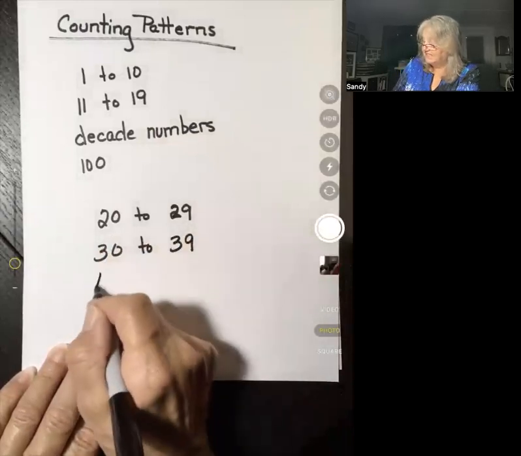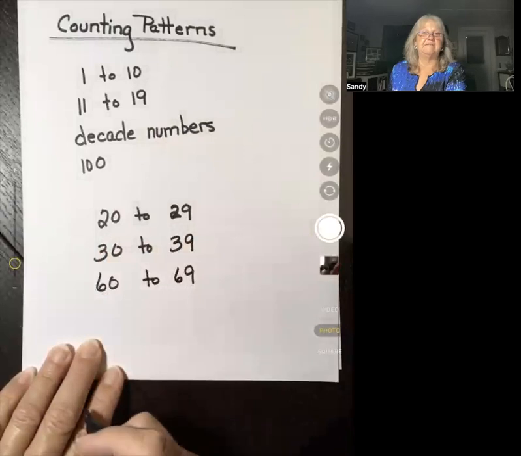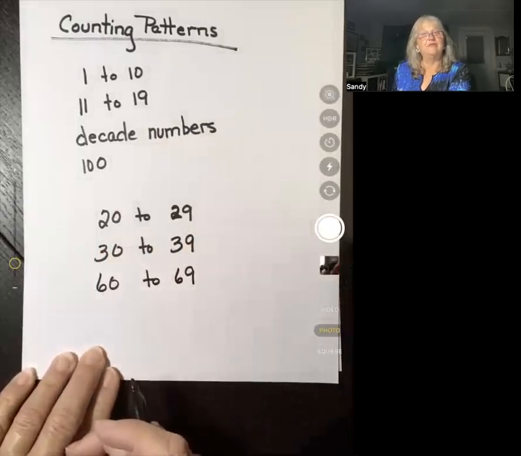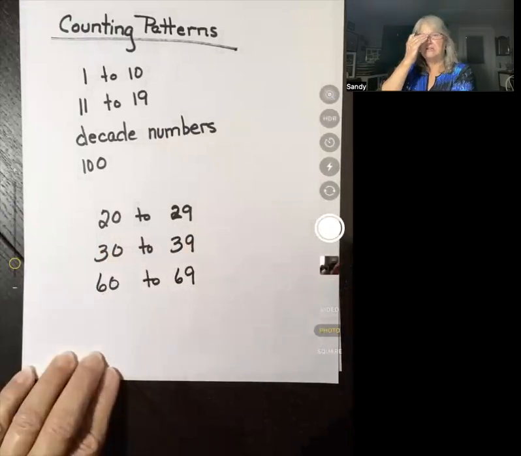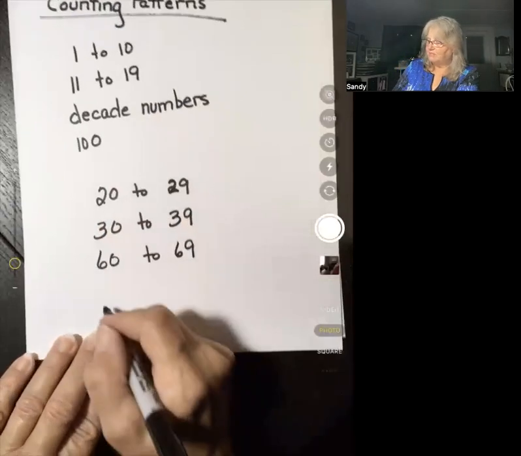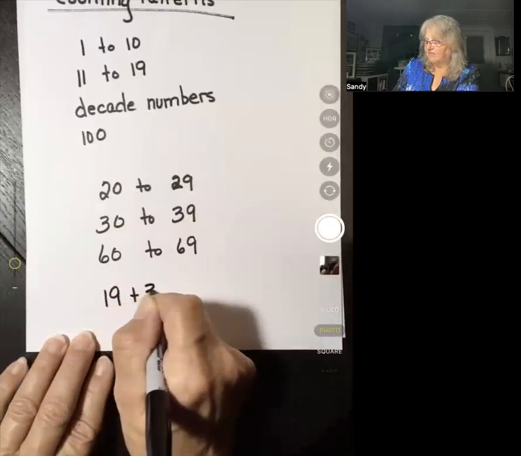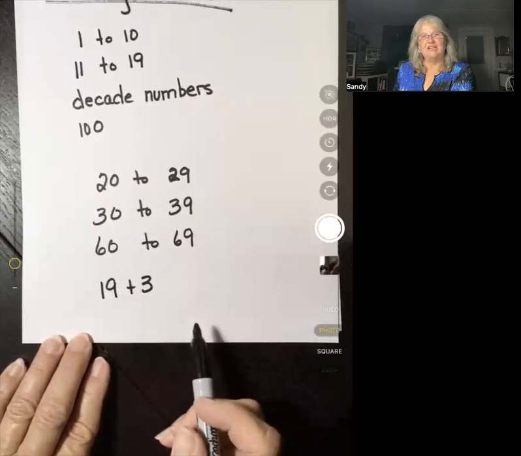I could pick 60 to 69. The pattern is the same. And one of the strategies your child will be learning in first grade is a count on. And where count on becomes really important is with a problem like 19 plus 3. What can I do? I can count on 3.